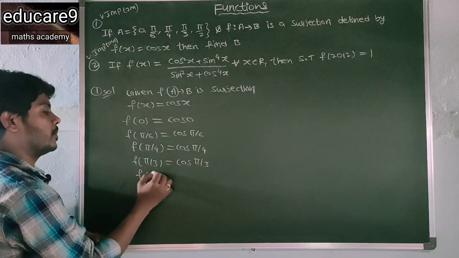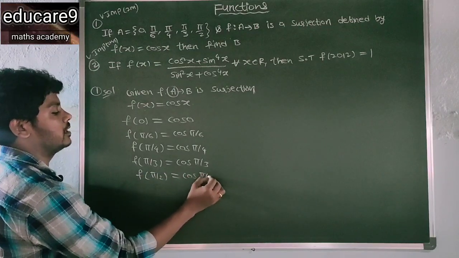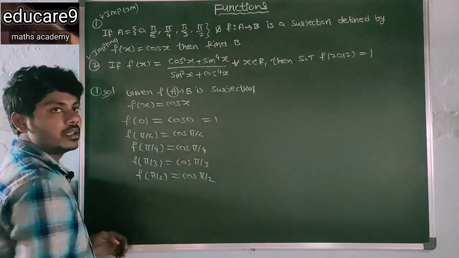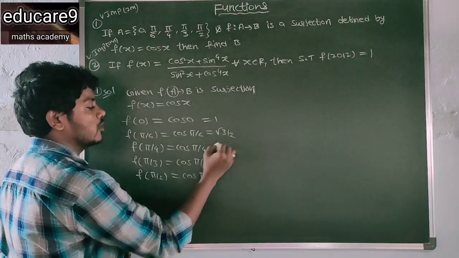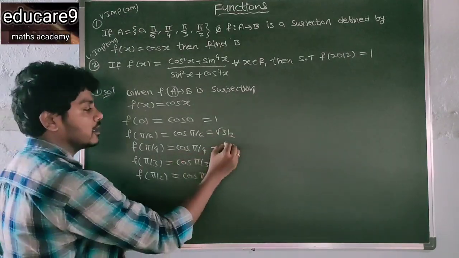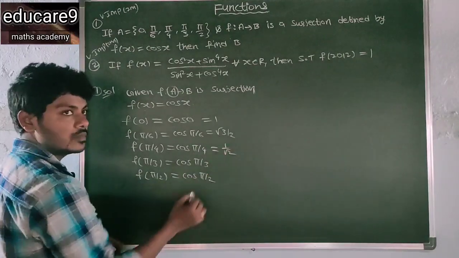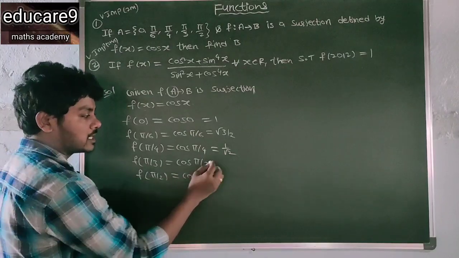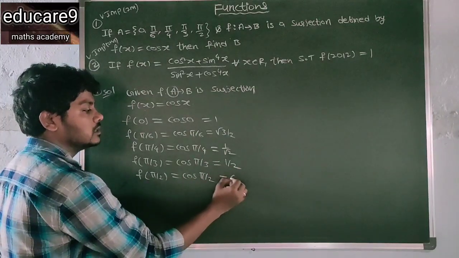And f of pi by 2, that is cos 90. So cos 0 value 1, cos 30 root 3 by 2, cos 45 1 by root 2, cos 60 1 by 2, cos 90 0.